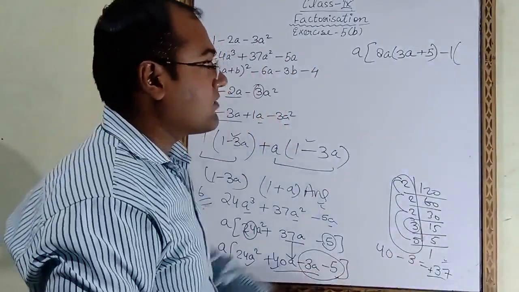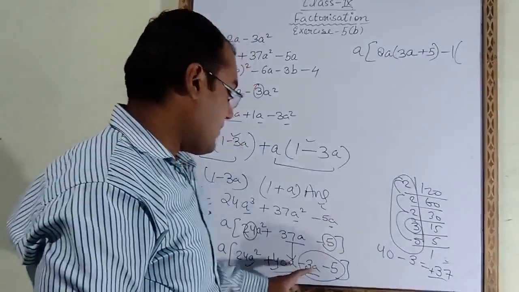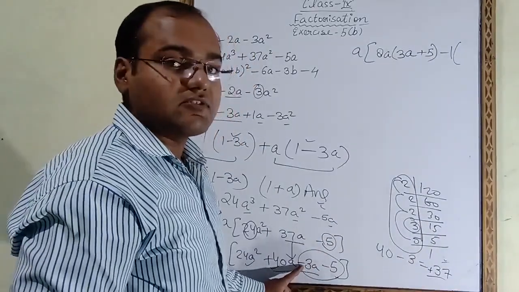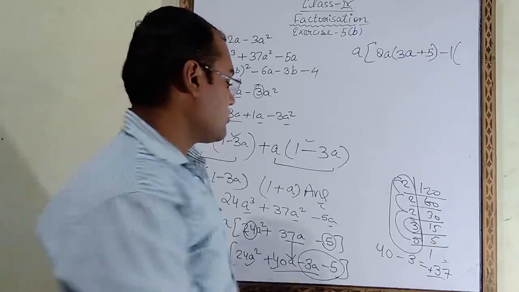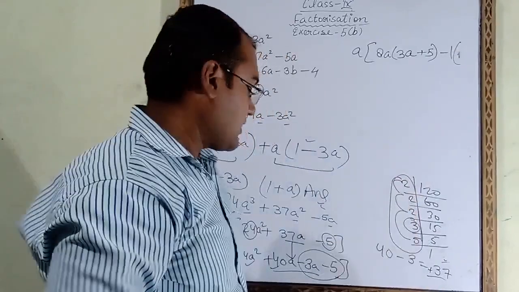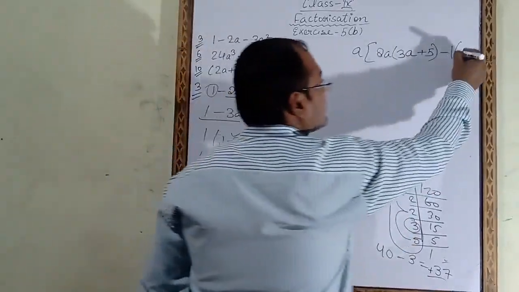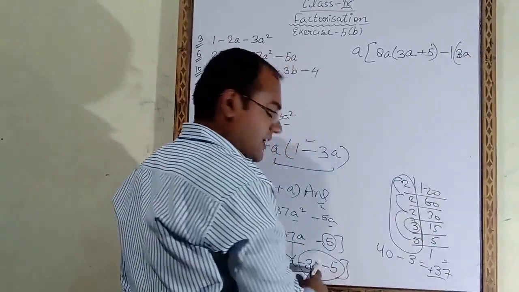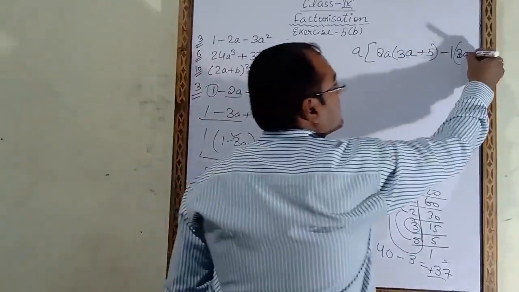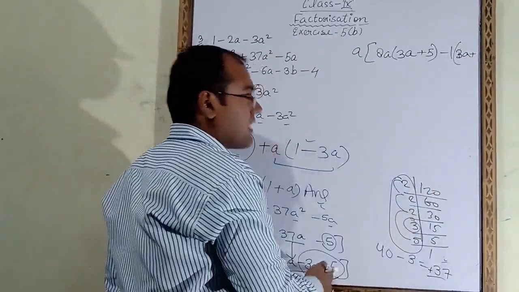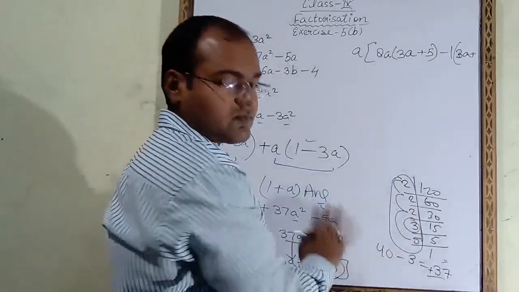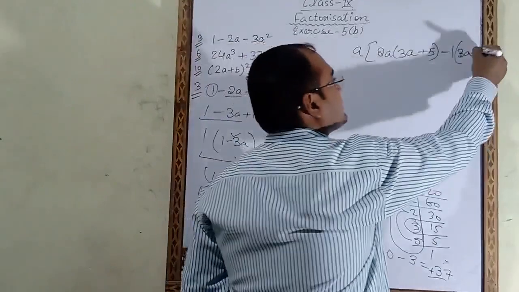We have taken minus 1 common, so this minus and this minus will become plus. So 3a plus, and out of 5, we have taken 1 common, so this 5 we have to write as it is.